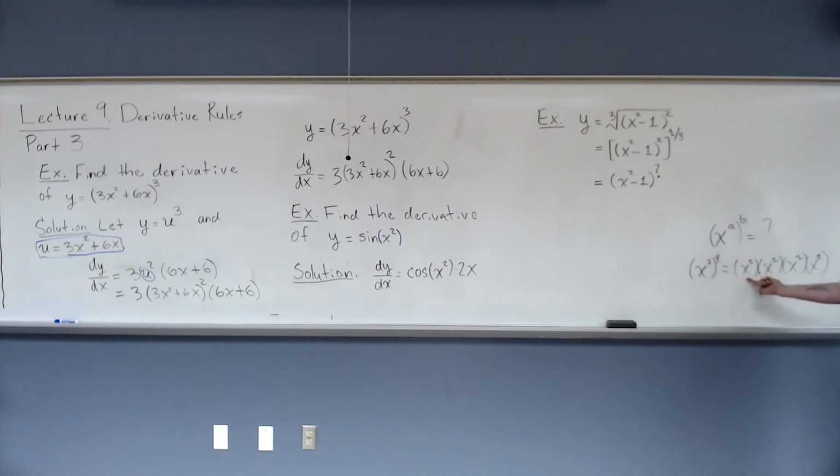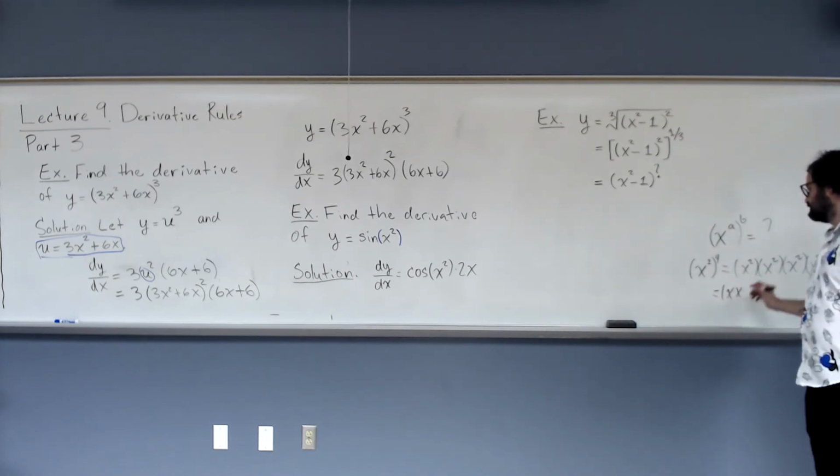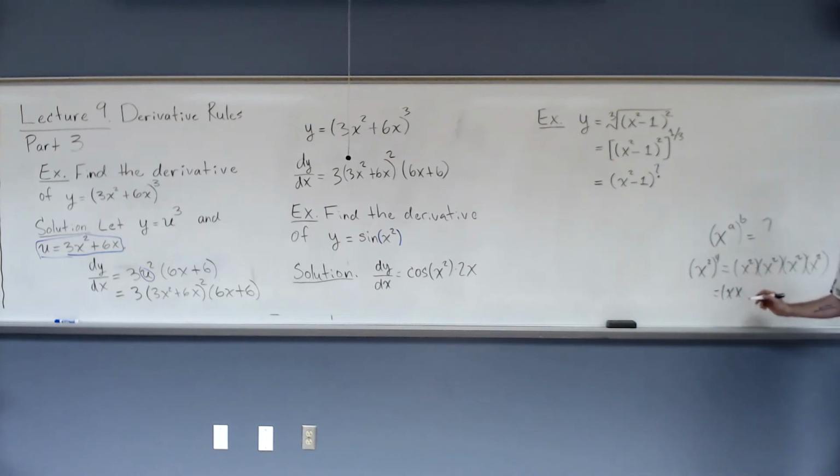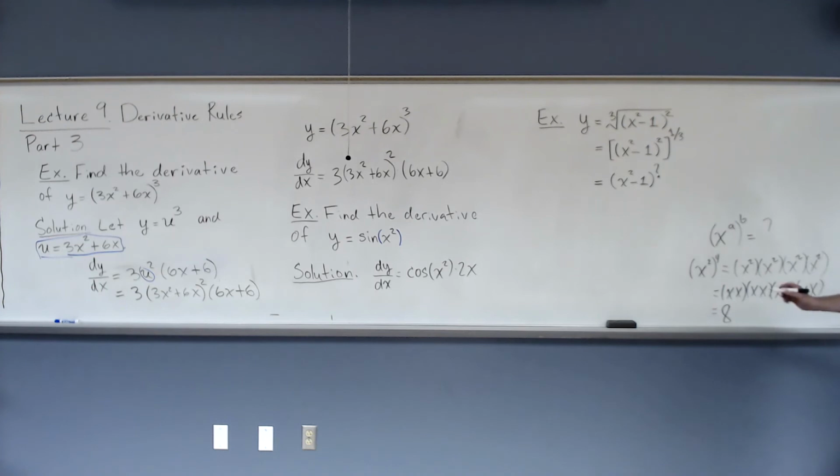And then how many x's are in there? There's just 2, x to the power 2. How many x's do you have total? It's 8, right? 2, 4, 6, 8.